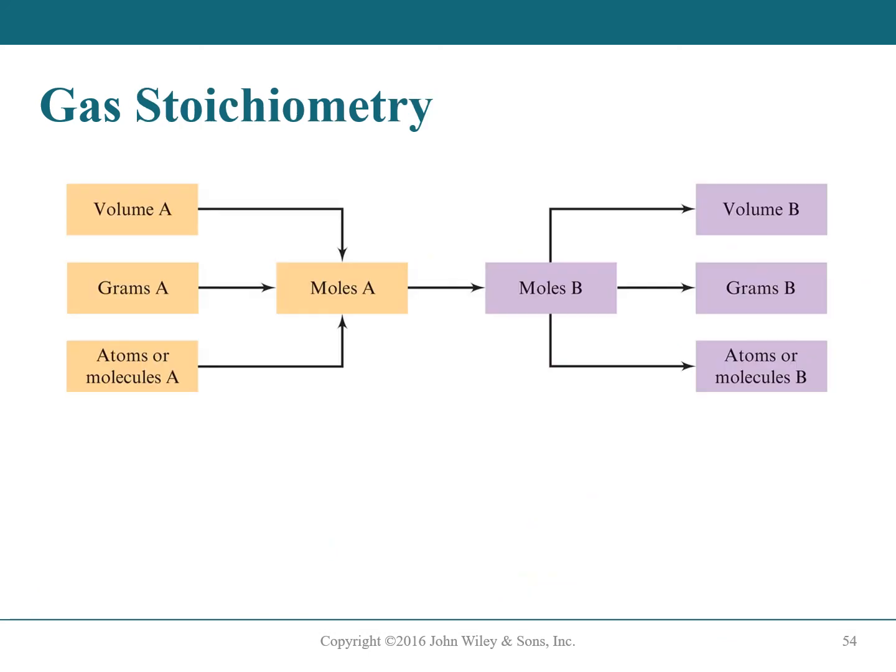Okay. What about reactions with gases? Oh my goodness. Well, there are 2 things. If everything's in volumes, then we can just use our stoichiometry and our volumes. But here's the other thing. If we have volumes in solids and all, then you're going to need to follow this solution map.